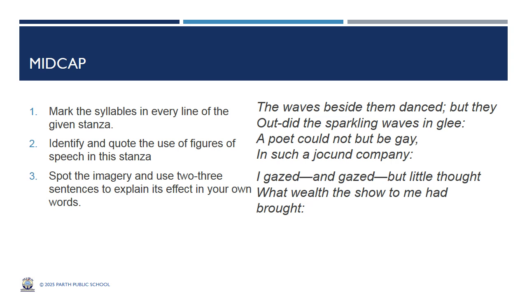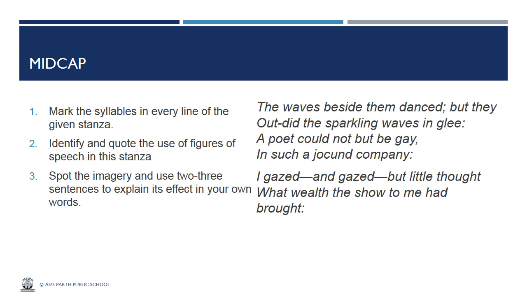Then you also have to spot the imagery which the poet has tried to create in this poem and explain the kind of effect it creates on you. I want this answer to be subjective. The kind of effect it creates on you personally when you read these words.